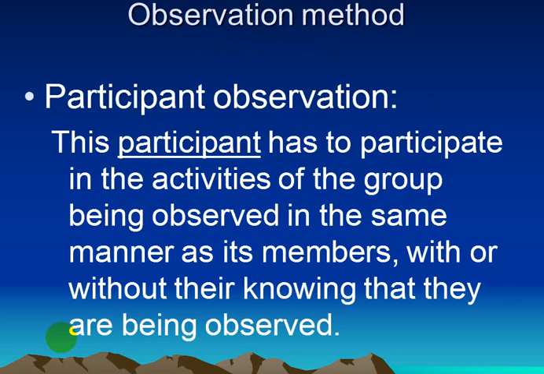Participant observation: the researcher has to participate in any activity of the group being observed in the same manner as its members, with or without their knowing that they are being observed, right? For example, your area of study is about teaching grammar deductively.